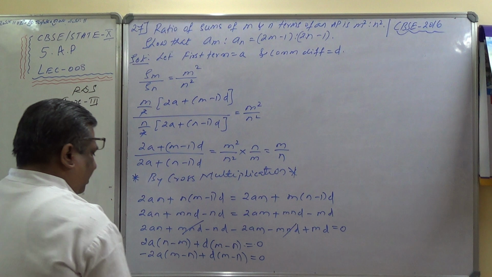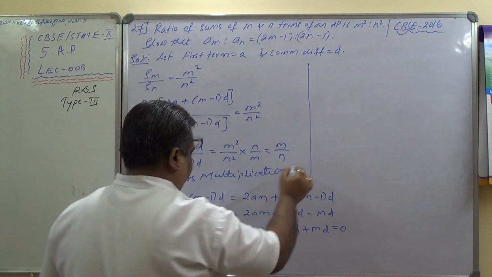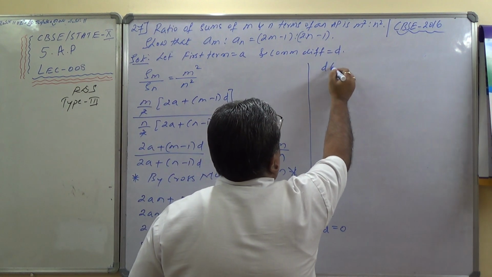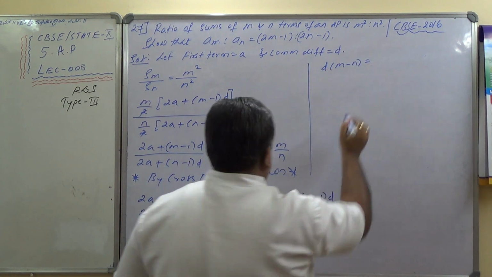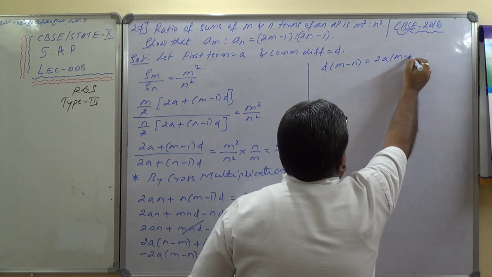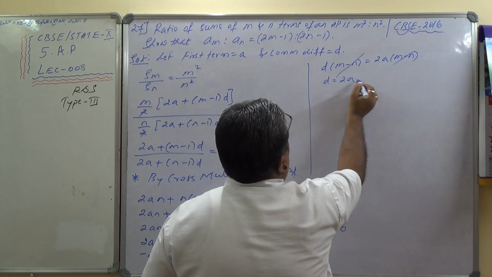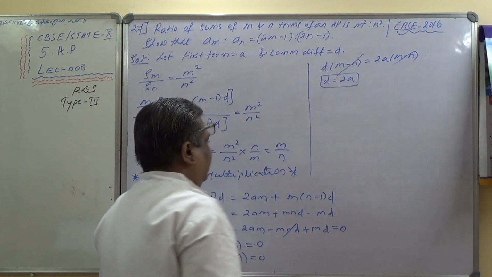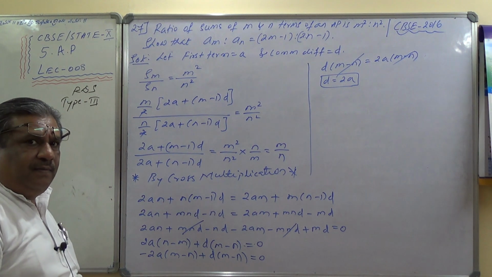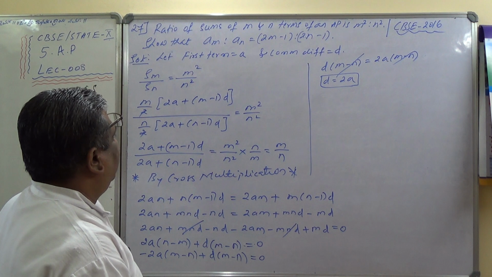Now transpose that side, d times m minus n equals 2a times m minus n. This will cancel, so d equals 2a. Mark this as 1.